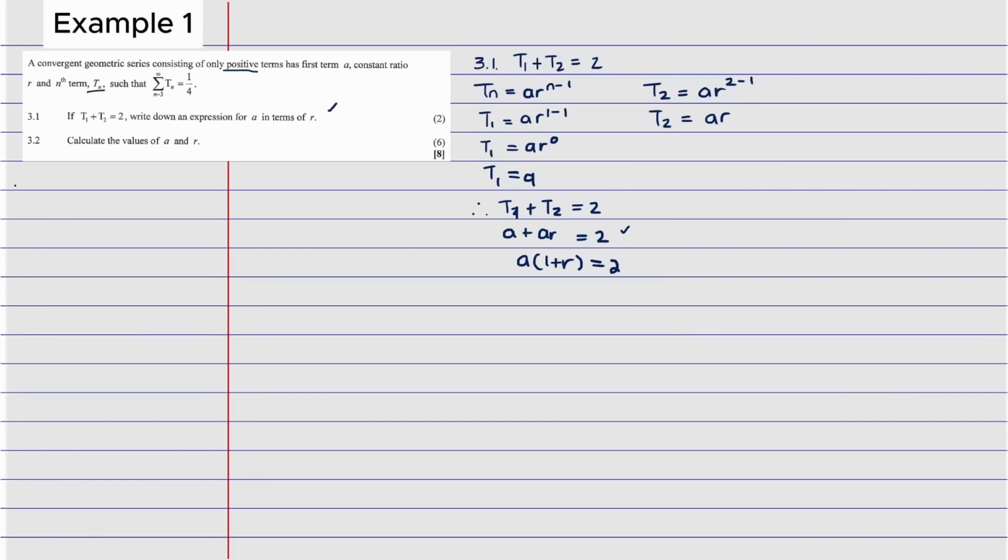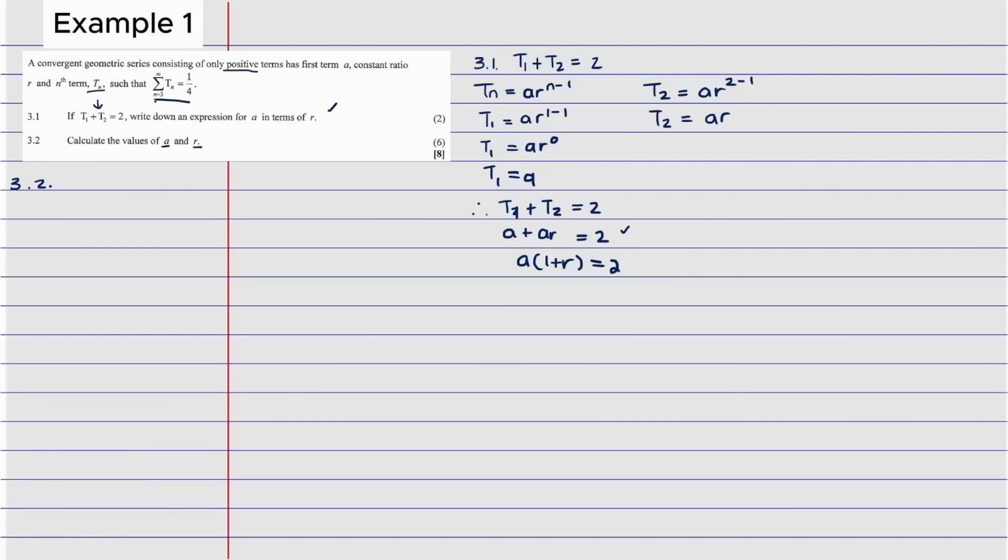Now 3.2 says calculate the value of a and r. So now we're given only this information, so we need to use that information to create two equations to solve simultaneously, because we're looking for two unknowns. So what do we know? We see that here is a sum to infinity, but it starts at 3. What do we know about the sum to infinity?